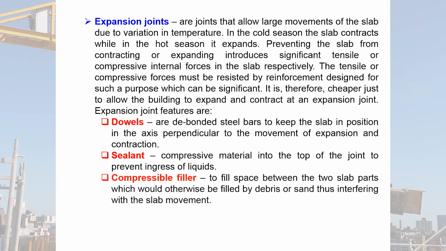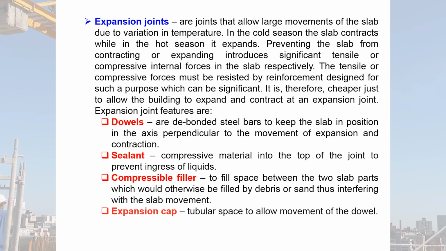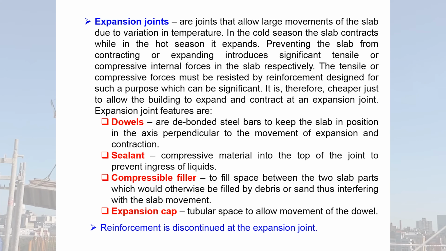Compressive filler, to fill space between the two slab parts which would otherwise be filled by debris or sand, thus interfering with the slab movement. Expansion cap, tubular space to allow movement of the dowel. Reinforcement is discontinued at the expansion joint.